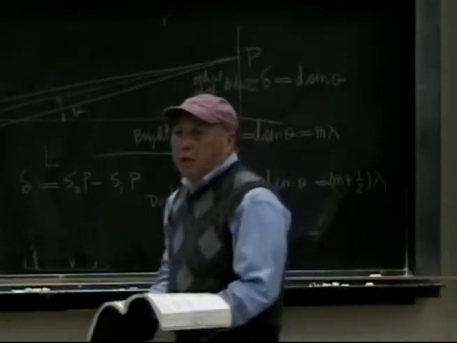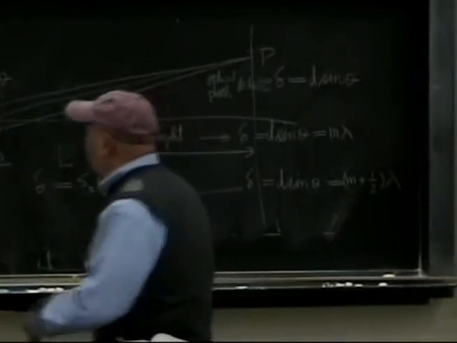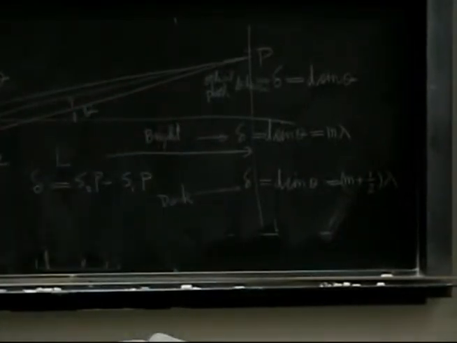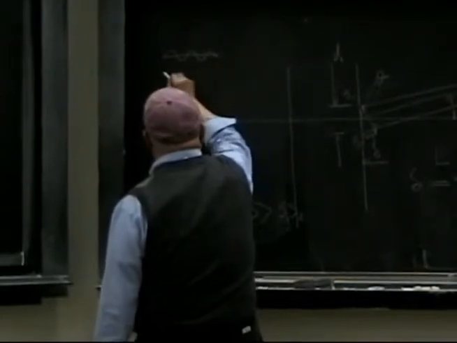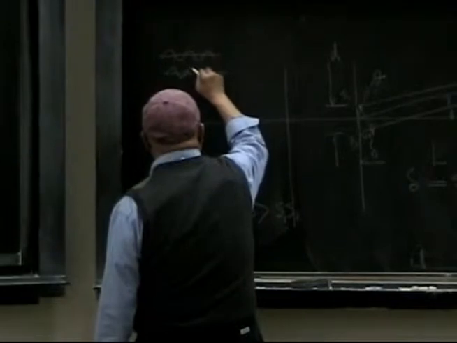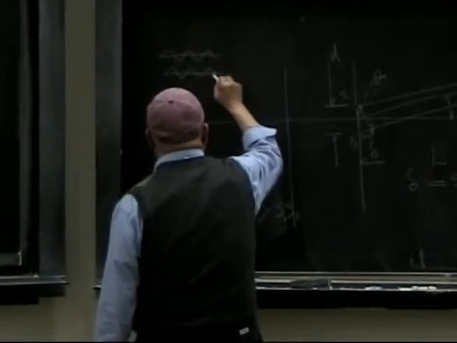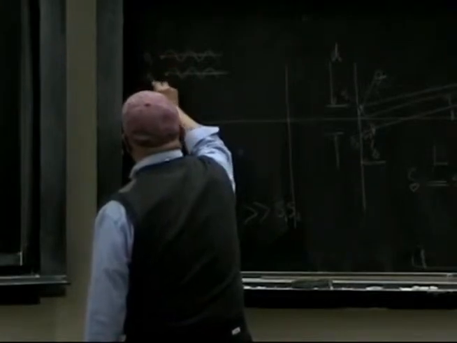So what is the difference? Okay, now what we'd like to say is this. This is bright fringes, when these go up and down and merge together. This light comes from S1, this light comes from S2.